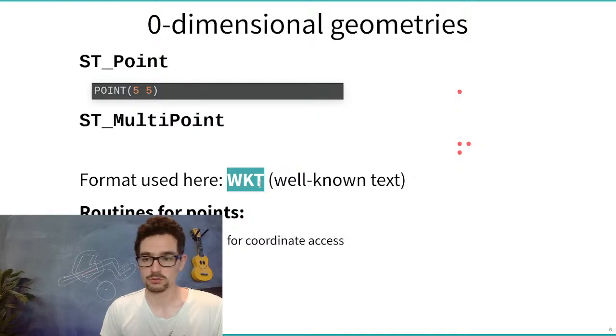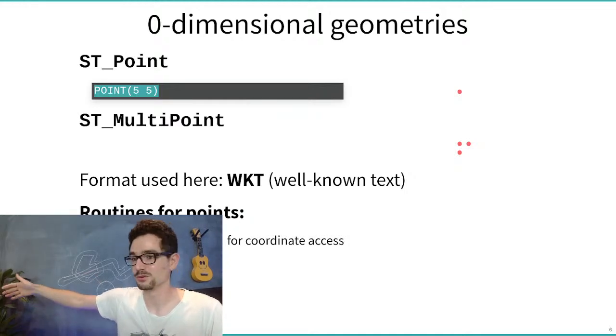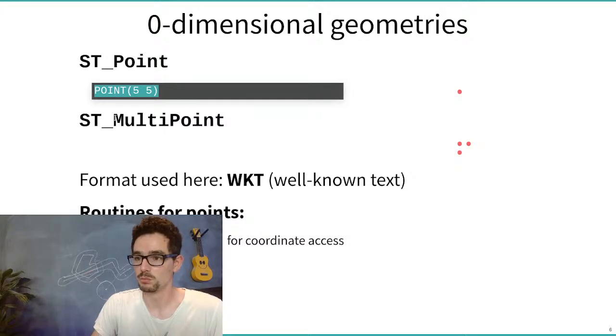There are also constructors which take a WKB. This is then not in text format. Text is very nice for humans. We can quickly read it. WKB, well-known binary, is a binary format. More compact, but not made for humans, but for machines.